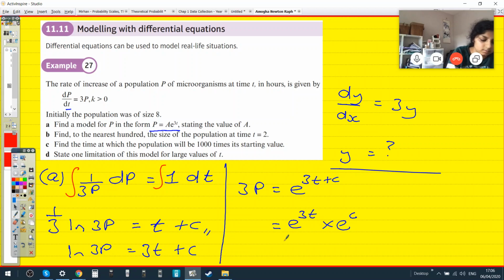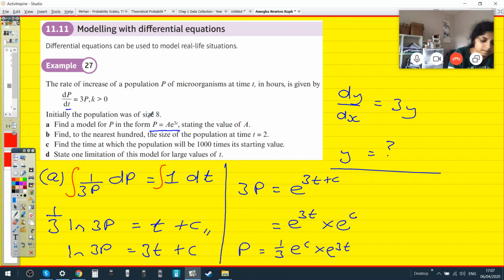And then I'll just swap those around: e to the c times e to the 3t. And then when you divide both sides by 3, that would be 1/3. So p is 1/3 e to the c times e to the 3t.